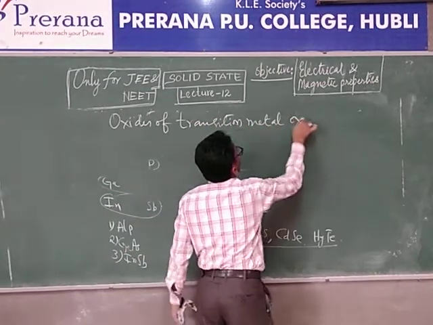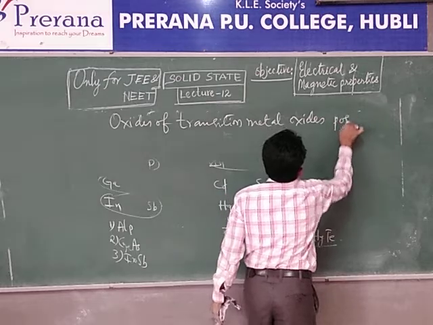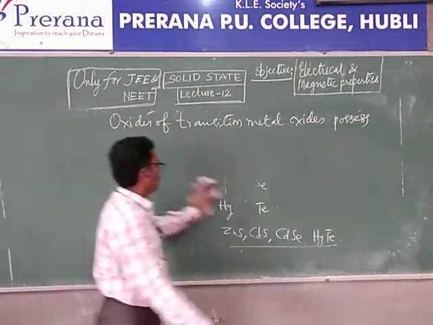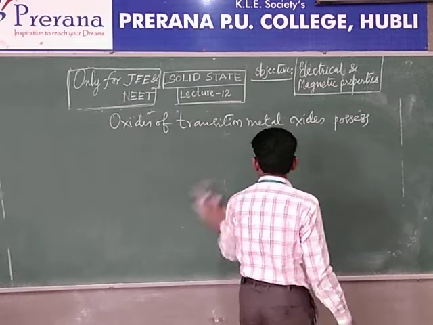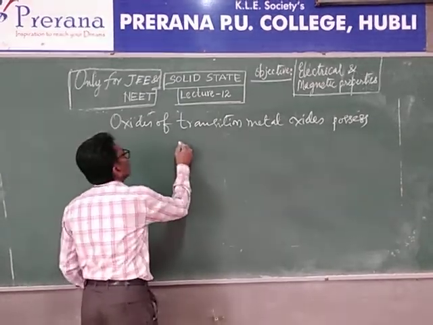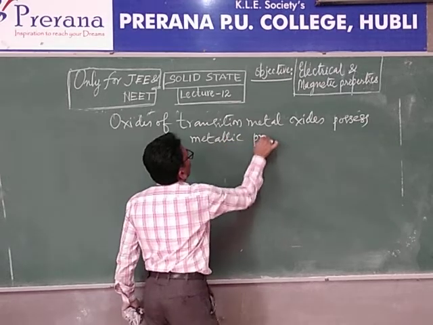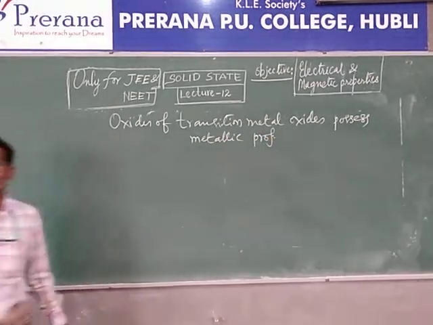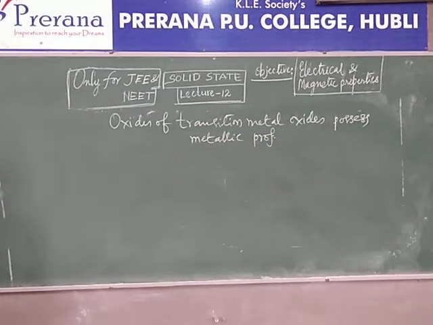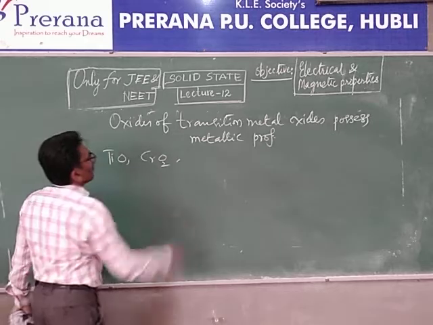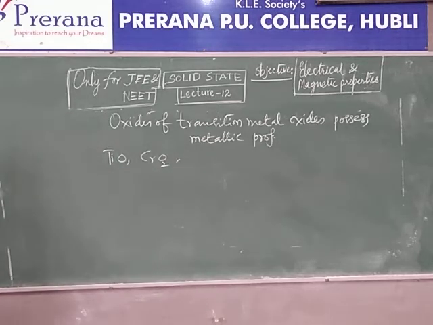Metal oxides possess electrical properties like metals, that is, metallic properties. The combinations you have to take are titanium dioxide, chromium dioxide, and rhenium trioxide.